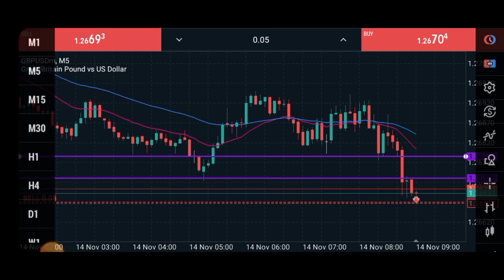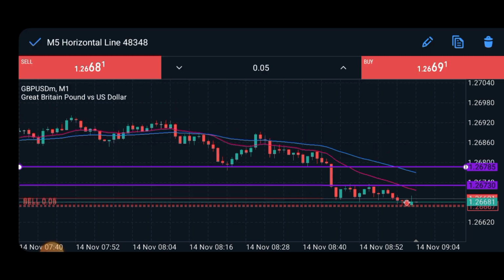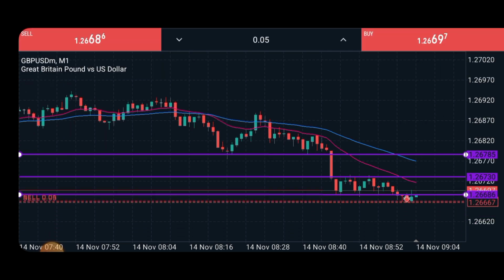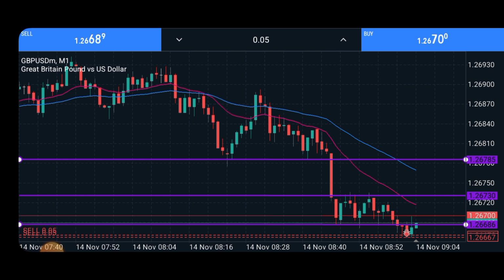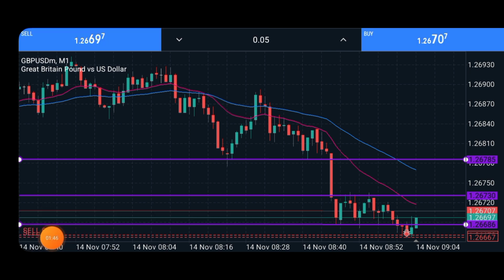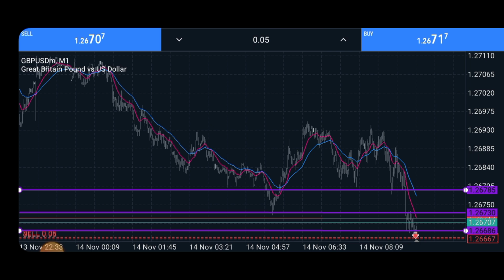But this little resistance right here, let me just make another mark here, has also been broken. As you can see, the market is rejecting on that candlestick there. So it's still going to go down, you guys. Let's just be patient and let it dance the way it wants to dance, but it's definitely going to go down.